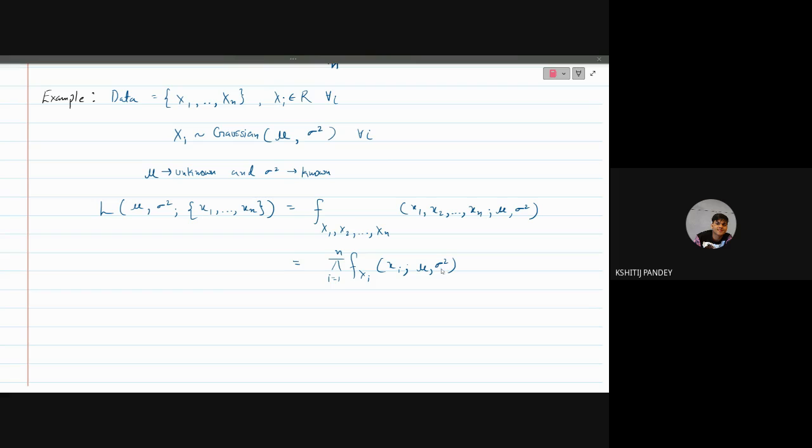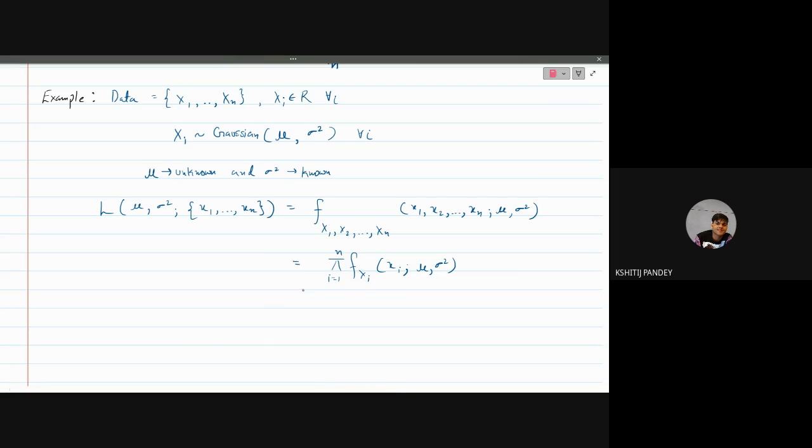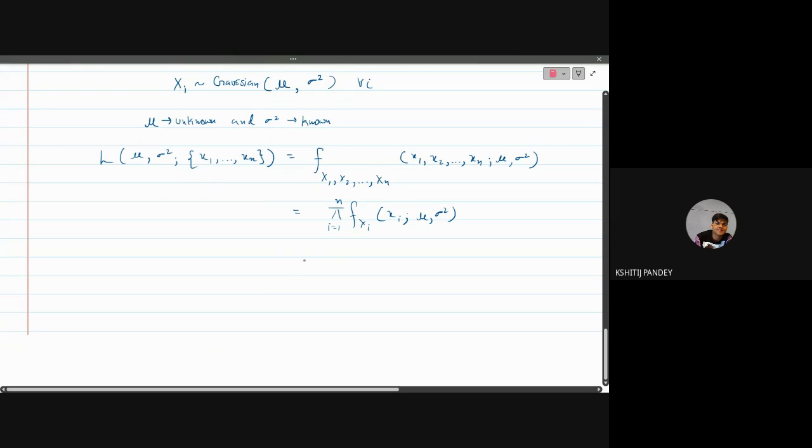Now, what's the next step? Simply put the value in your PDF. Let's look at the PDF of Gaussian. If you guys remember, the PDF is what?